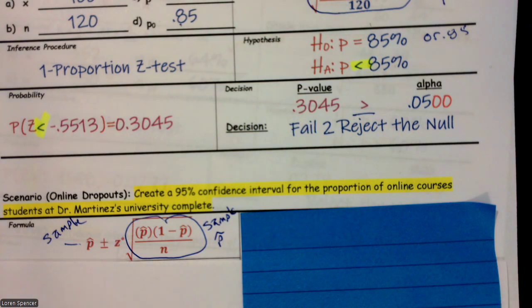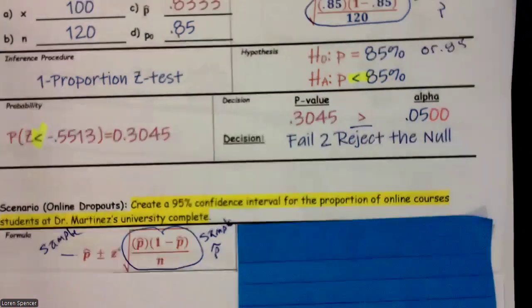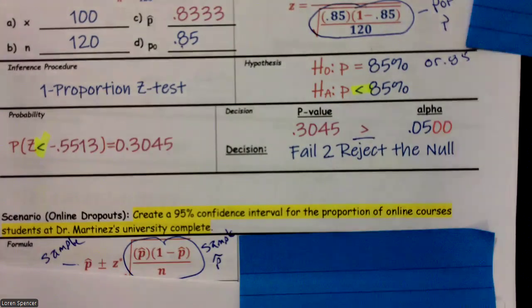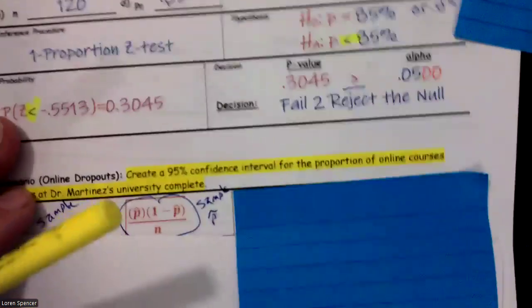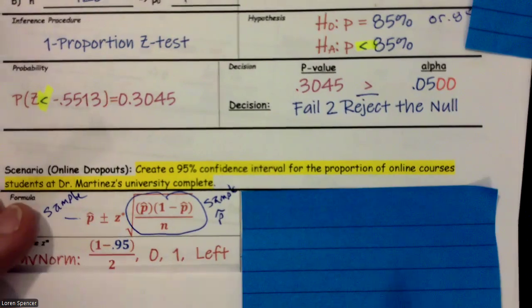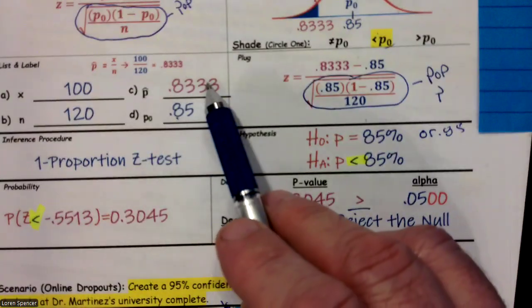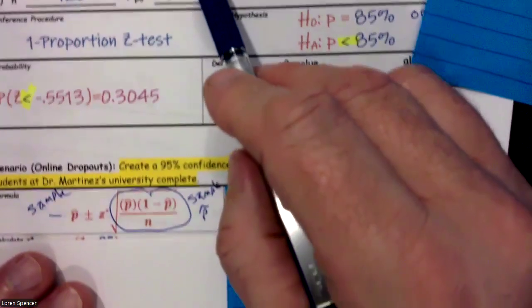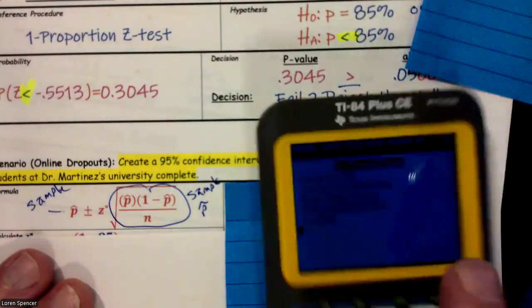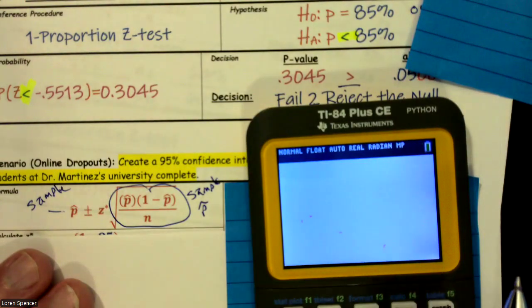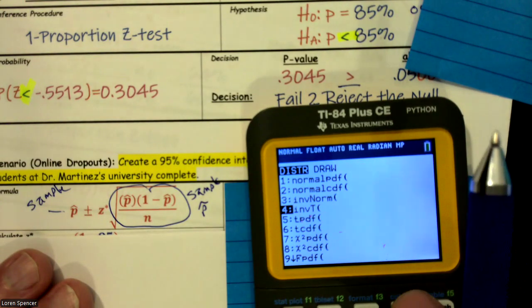So we need to calculate our z star because we already have p hat. P hat came from here. So we already have that, but we need to calculate z star. And to do that, we're going to go second vars, inverse norm.